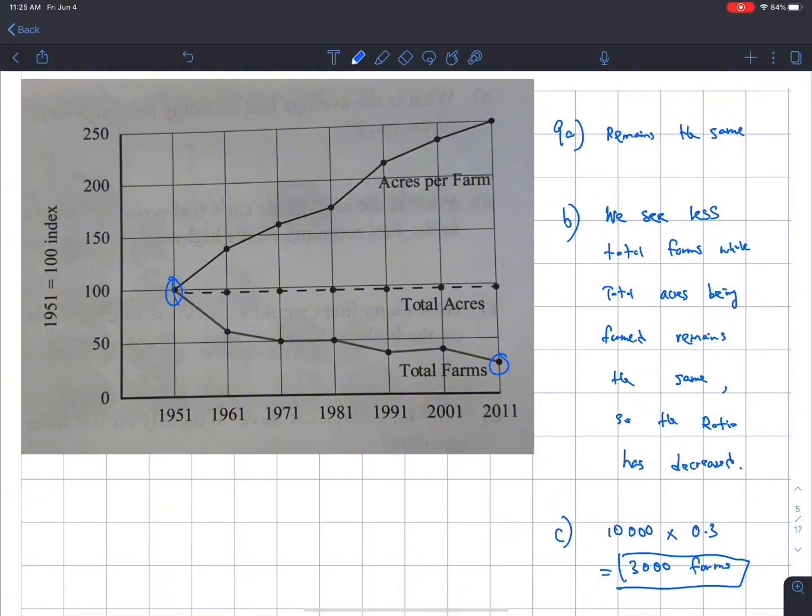So if that's 120 for the acres per farm, and we can see the acres per farm has increased from 100 to 250, right? So it has increased by 150%. So we can just use 120 times 2.5 because it's 250%. Then we get 300.